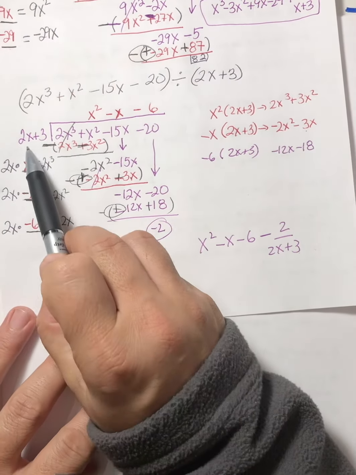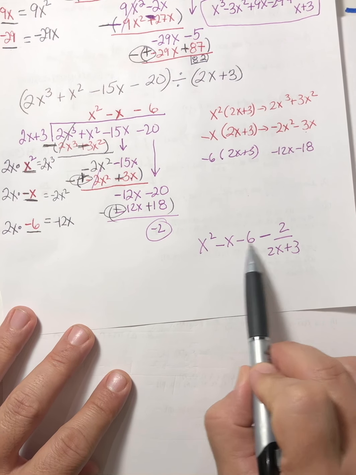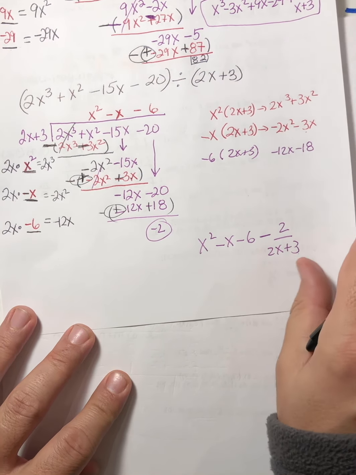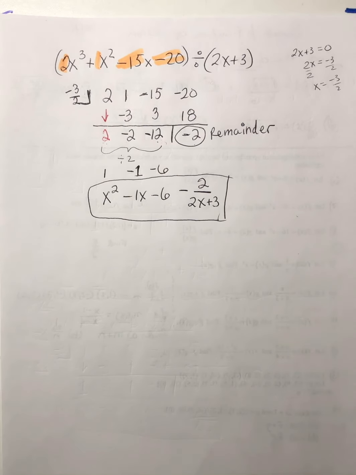And remember we did all that yesterday? When we did all this? There it was, x squared minus x minus 6 minus 2 over 2x plus 3. We have the exact same piece. Folks, that's synthetic division. Your homework is to do the problems from yesterday, but instead of doing long division on every single one of those problems, I think there was 5 altogether, you're going to use synthetic division.